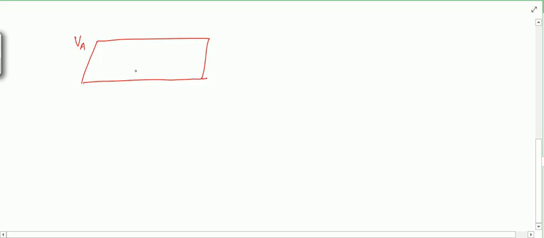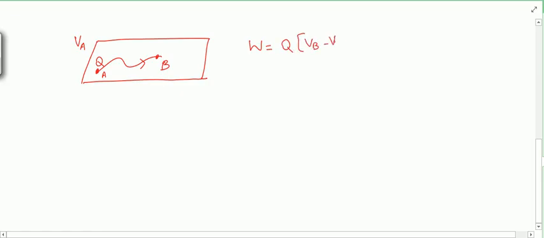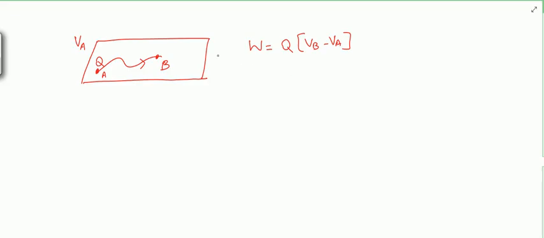Here one charge is placed, suppose at location A. Now I am moving this charge from point A to point B. What you know is that the work done for moving this charge from point A to point B will be Q times (VB minus VA). Right, it will be the work done.